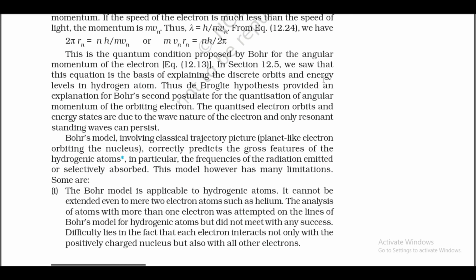Thus, de Broglie's hypothesis provided an explanation for Bohr's second postulate for the quantization of angular momentum of the orbiting electron. The quantized electron orbit and energy states are due to the wave nature of the electron, and only resonant standing waves can persist.